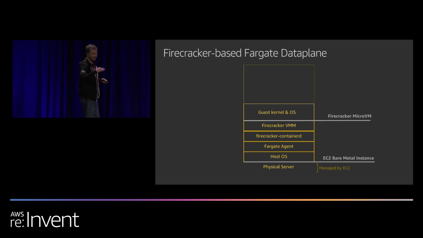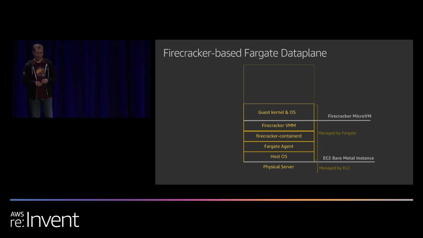And within the Firecracker micro VM is the guest OS. That OS is dedicated to your task. It's not shared by other tasks. So the Fargate team owns and manages all these layers, from the host OS on the bare metal instance to the guest OS inside the Firecracker micro VM. That means you don't have to care about the undifferentiated heavy lifting, and you can focus on your applications.